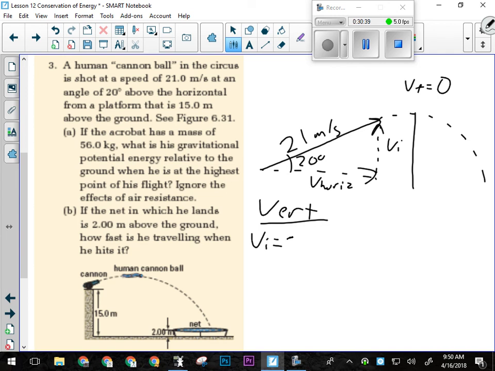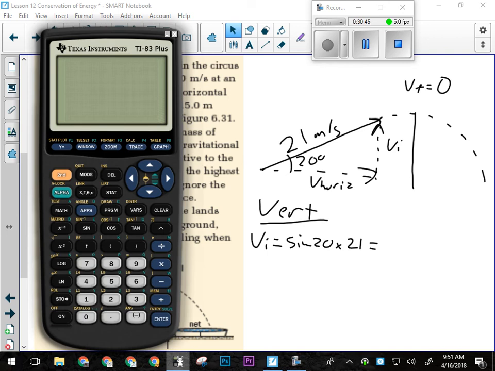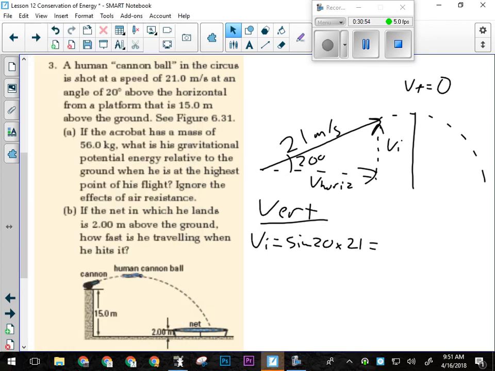So I'm going to go sine of 20 times 21, and that'll give me the initial vertical velocity. All right, so the initial vertical velocity is 7.182 meters per second. Now I can calculate his height.